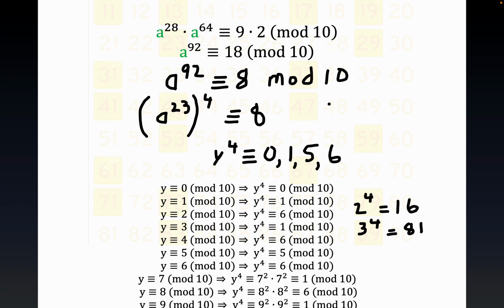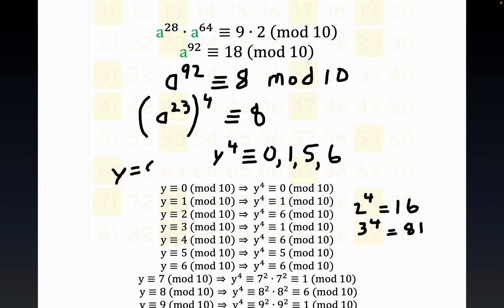Again, y'all, it is mod 10. But notice that's not on our list. 8, a 4th power, is not in this list, 0, 1, 5, 6. Now again, you may wonder, well, what's really going on here? Well, just think of it like this. Think of your y as a to the 23rd, right?